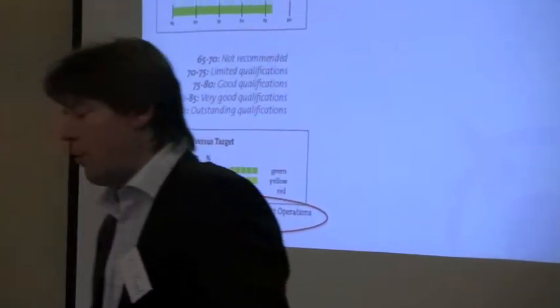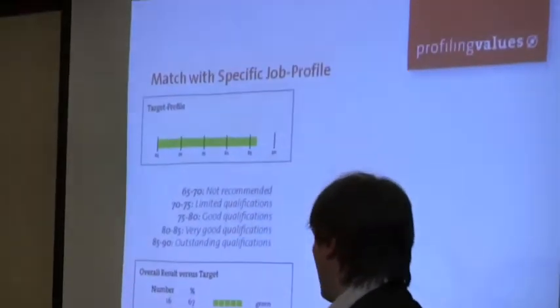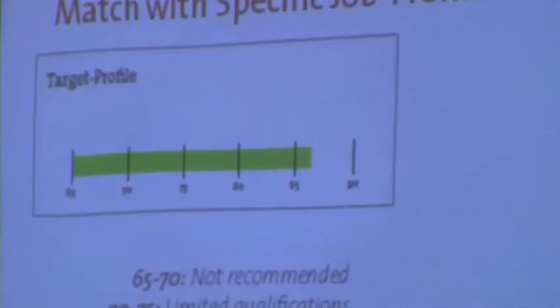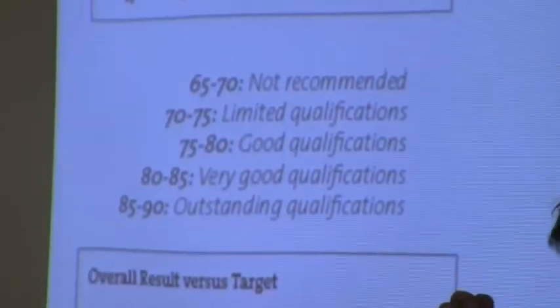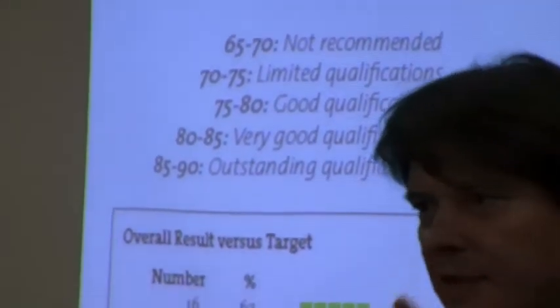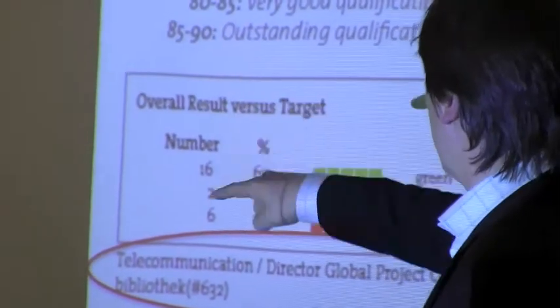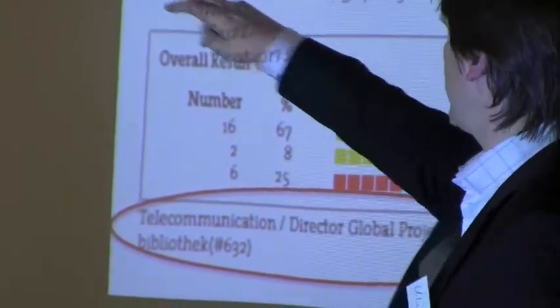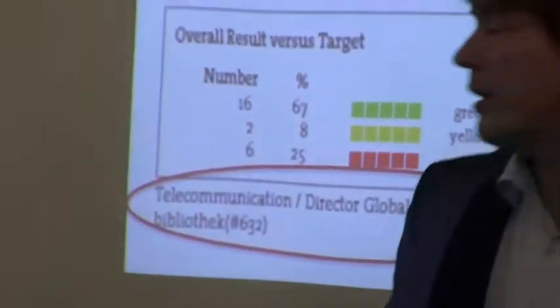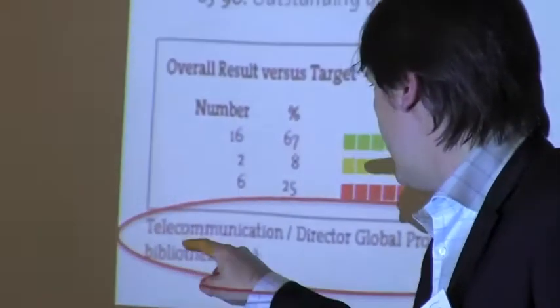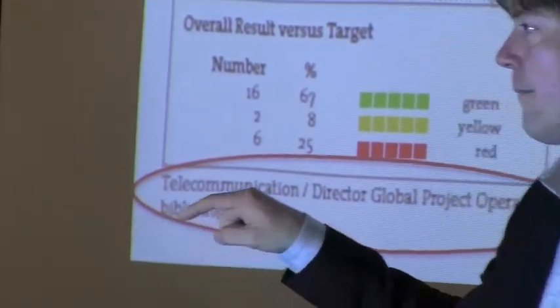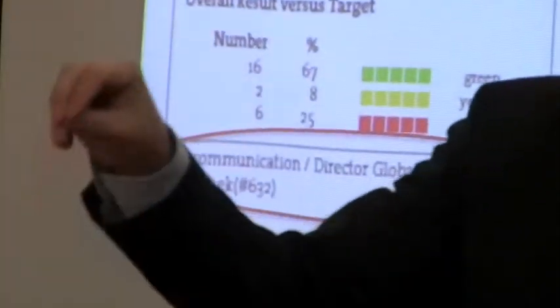At the end of the report, you see the total match. This bar shows us the distance from all the means, from all scales, from not recommended to outstanding qualifications. You also see how many greens, how many yellows, how many reds. But then you have to go into it content-wise.